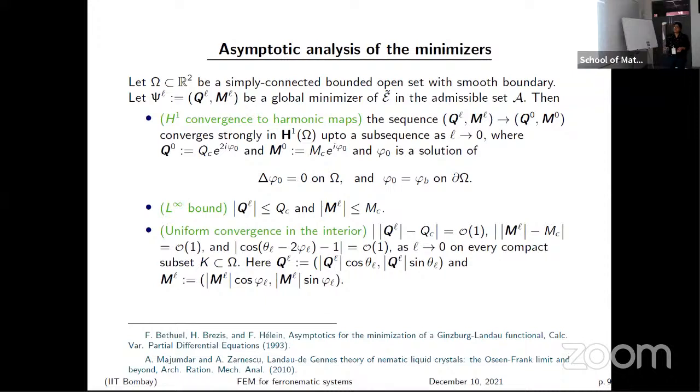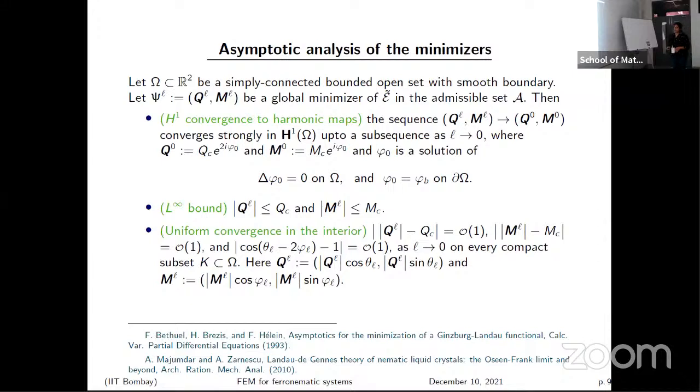So in the asymptotic analysis in the L tends to zero limit, we have the following results. So we consider a simply connected bounded set Omega with smooth boundary. Then the global minimizers will have this convergence result. So we establish that this global minimizer psi_L converges to this limiting function in H1(Omega) up to a subsequence as L tends to 0.